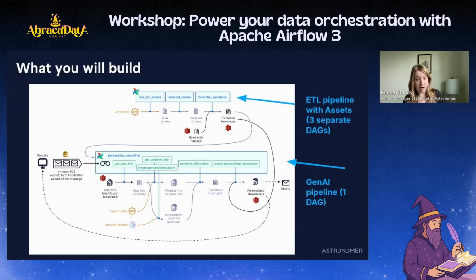We have a slightly simplified version of this in the repo that you will work with, because to actually do the personalization aspect with an LLM, the true Gen AI part of this pipeline, you would require a connection. The code I have set up in this repo uses Amazon Bedrock.